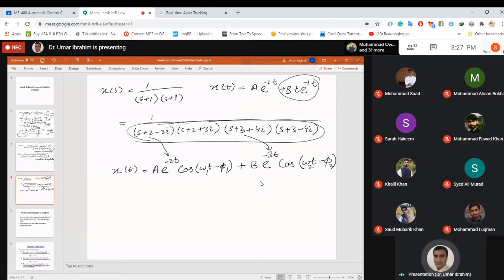But what if my poles are complex and repeated? Plus 2 plus 3 iota, plus 2 minus 3 iota, twice. Now we can see that these two poles repeat, and these two poles repeat or are the same.